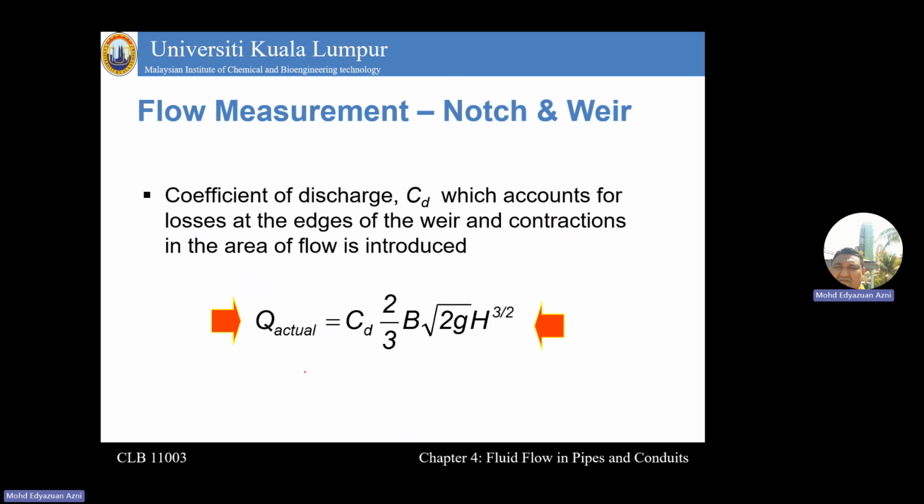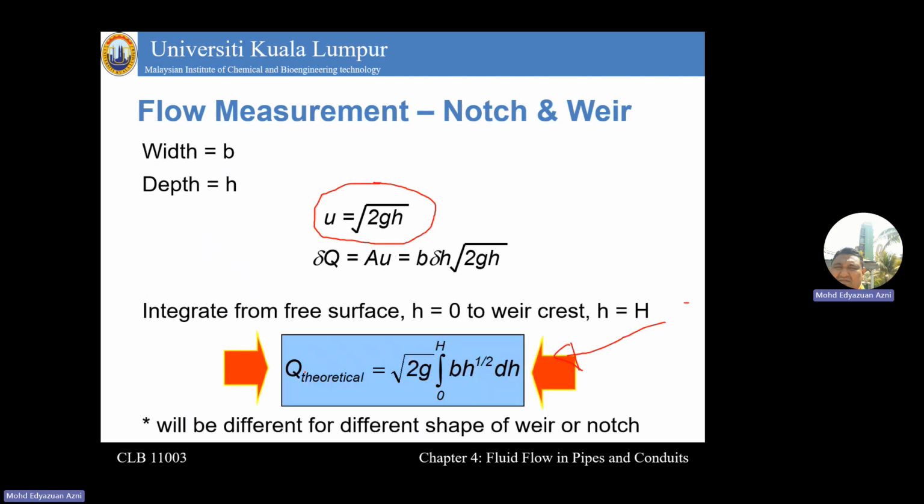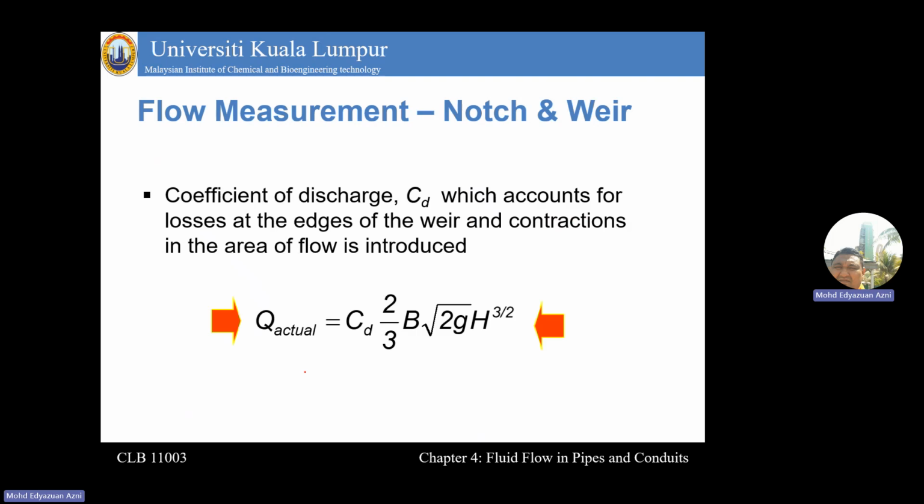Then after some modification, before this is the Q theoretical, and after some modification by adding the coefficient of discharge, we will get the Q actual for notch and weir as C_D 2/3 B square root of 2gH.